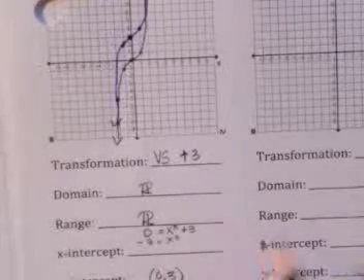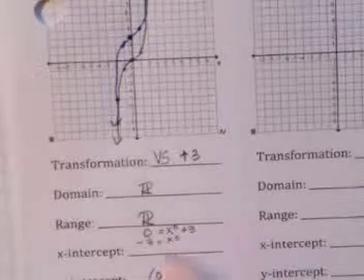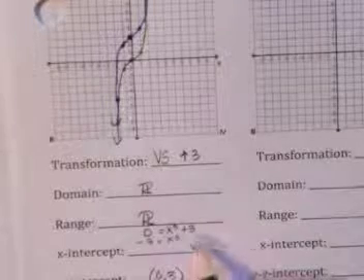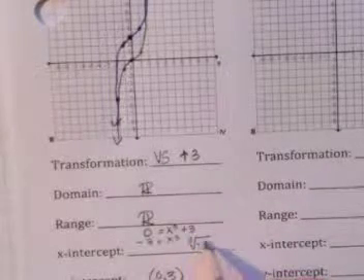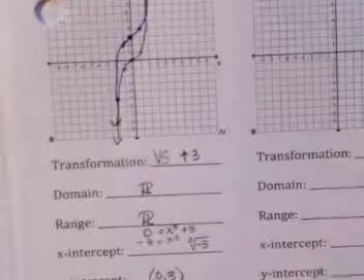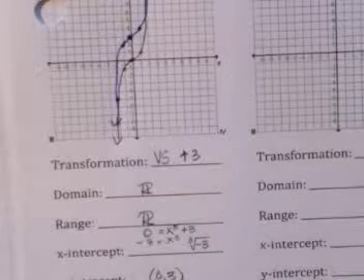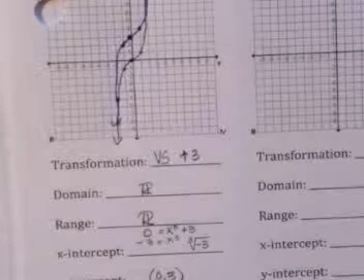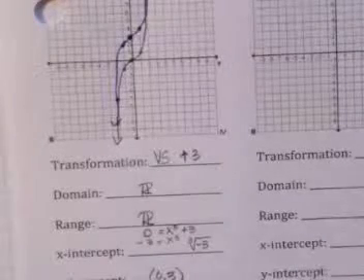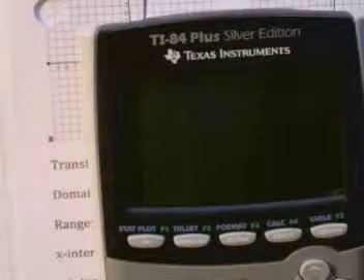And so my x-intercept is at the third root of negative 3. Now keep in mind I can't take square roots of negative numbers, but I sure can take cube roots of negative numbers. And if I wanted to approximate this, I would use my calculator.